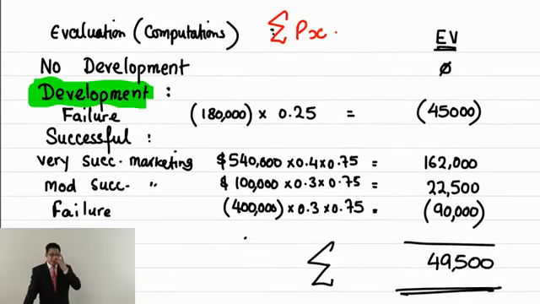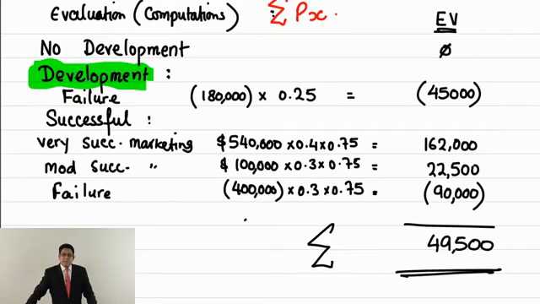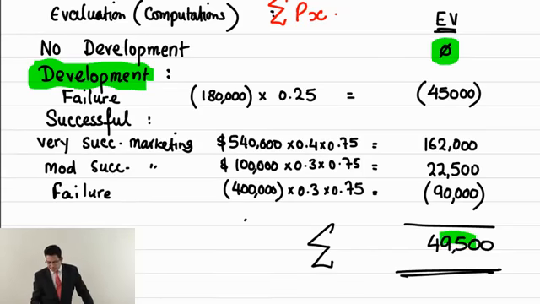If we develop the product, expected value of the profits will be 49,500, and if we do not develop the product, expected value will be 0. So do you want a profit of 0 or do you want a profit of 49,500? It doesn't mean this 49.5 profit will actually occur.